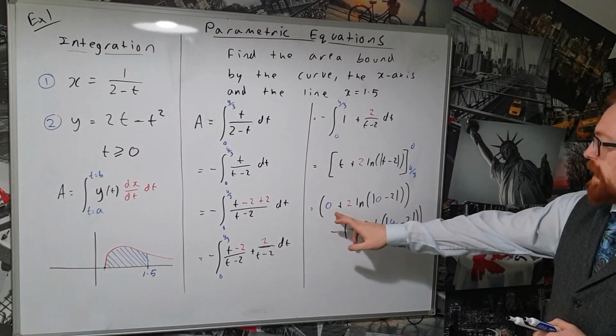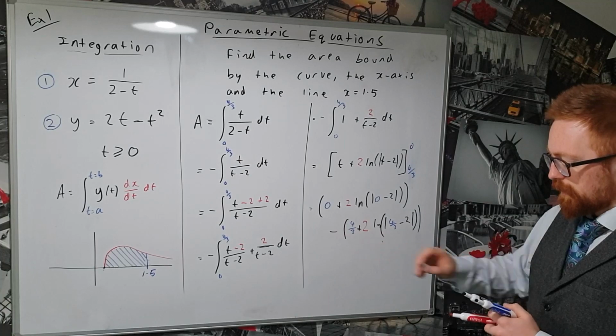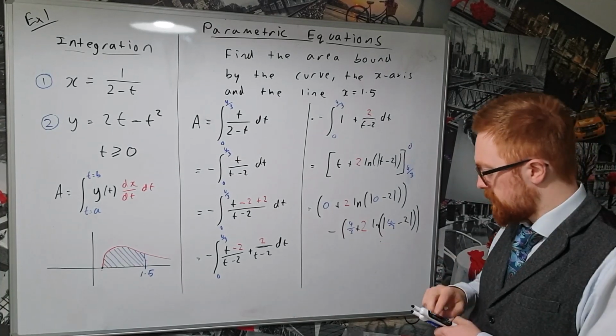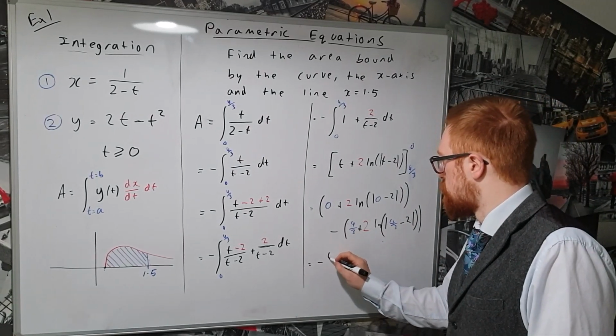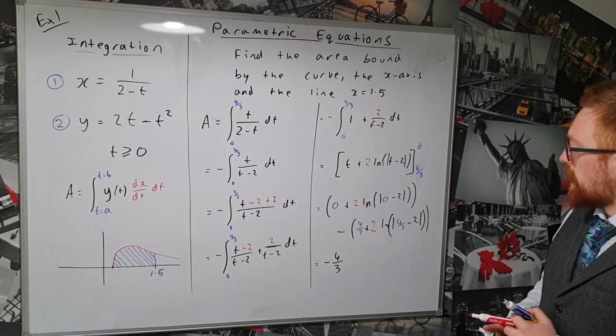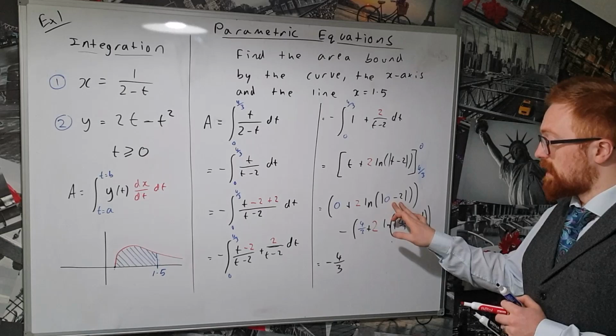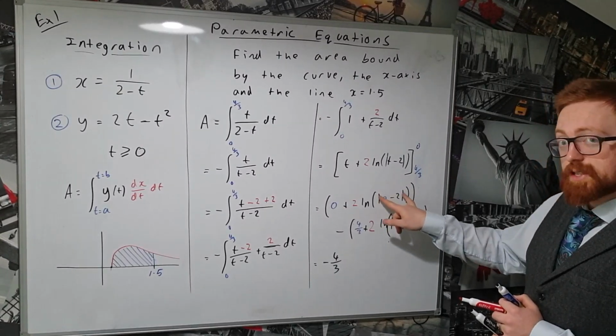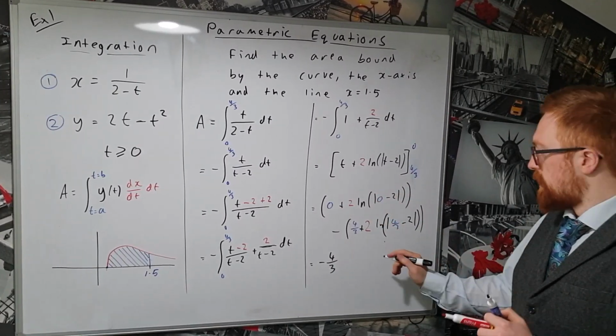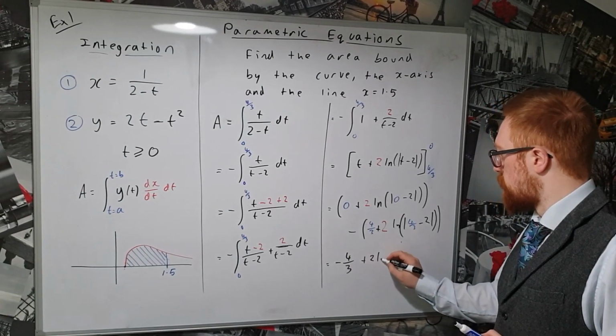Okay, now 0 take away 4/3 is just going to give me negative 4/3. Now ln of 0 minus 2 is just going to be ln of negative 2, but with the modulus sign that turns it into positive 2. So this is going to give me plus 2 ln 2.